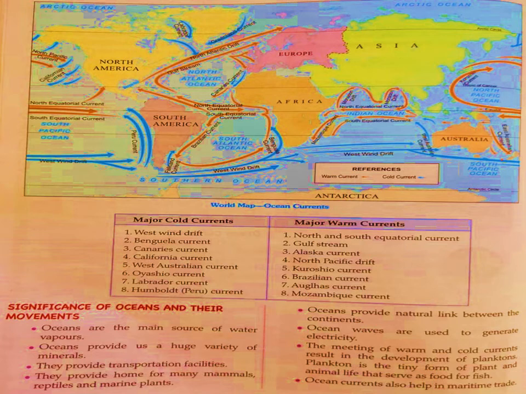You can find fish here because plankton, which is the food for fish, is developed in the area where warm and cold currents meet. Now you understood why this area is ideal for fishing. Also, ocean currents help in maritime trade. For trade also these areas are useful. So these are some of the importance of ocean and their movements.